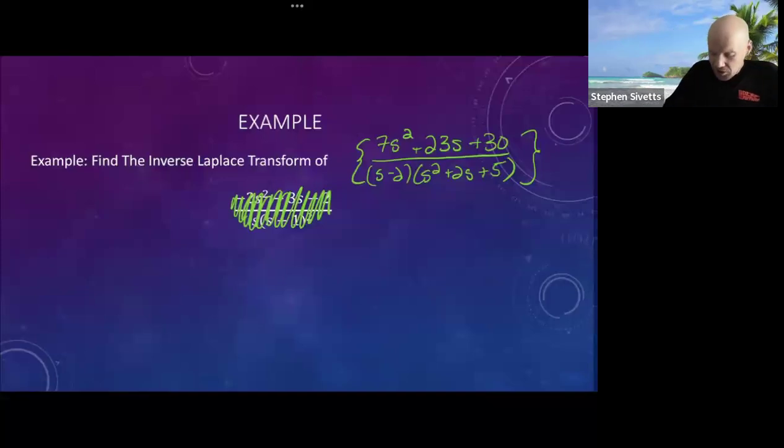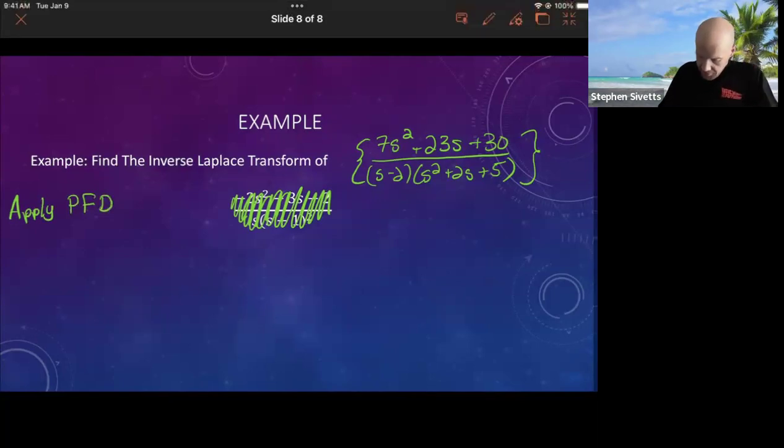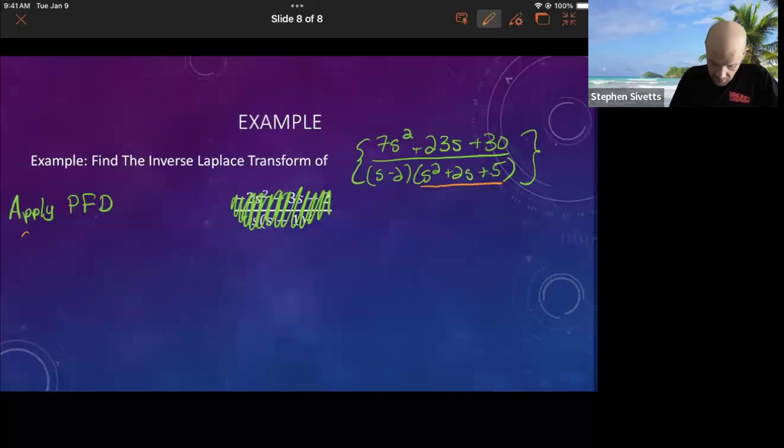All right. So now, once again, we need to apply partial fractions decomposition. But first, what we need to do is notice that in the factors of the denominator, s squared plus 2s plus 5 is an irreducible quadratic. I believe that was the last example I wrote down. So we know that it's an irreducible quadratic, and we can use the complete the square method, right?